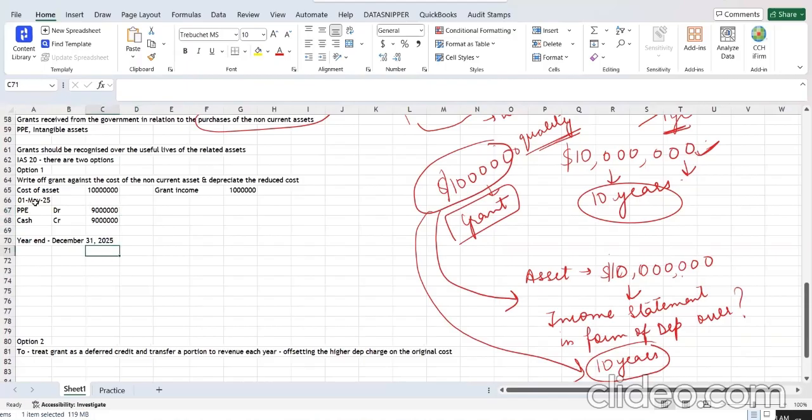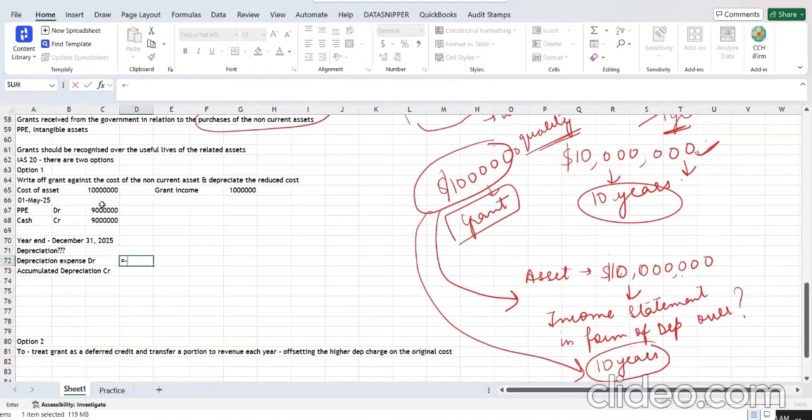So how will I charge depreciation? At year end, I will debit depreciation expense and credit accumulated depreciation for my asset.